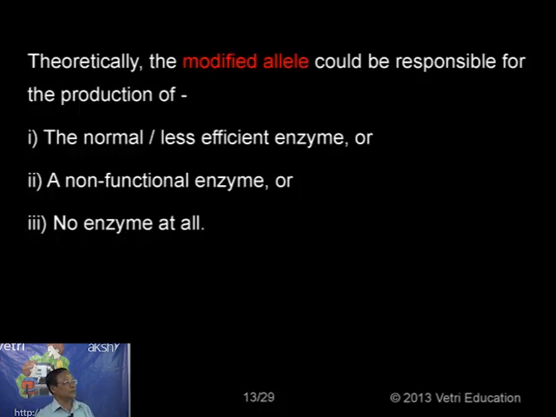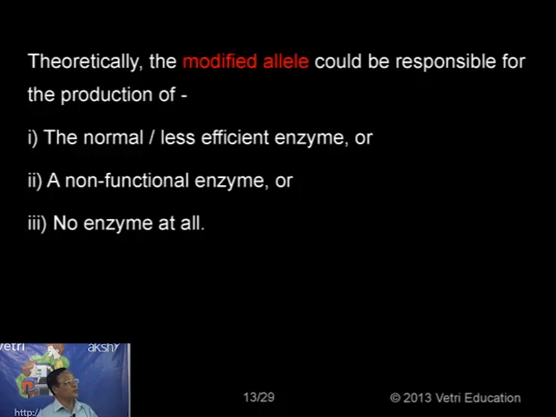Such equivalent alleles are very common in nature. Suppose the modified allele produces a non-functional enzyme or no enzyme at all, then the phenotypic expression of the character is affected. No normal phenotype will be produced.